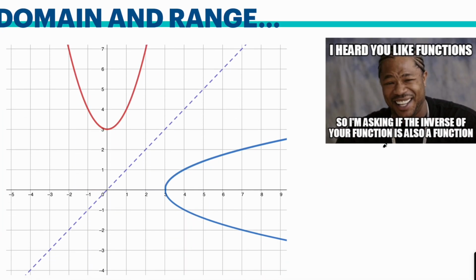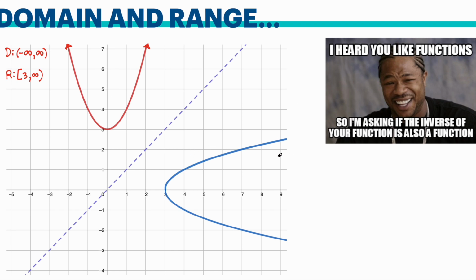Domain and range also flip. So for example, the domain of this function was all real numbers because it goes forever left and forever right. The range starts at 3 and goes up. That's the domain and range.